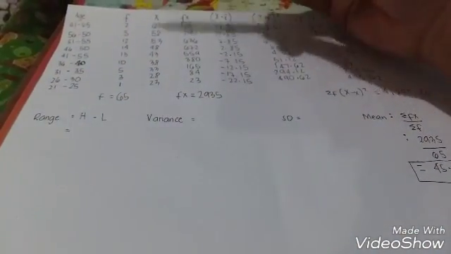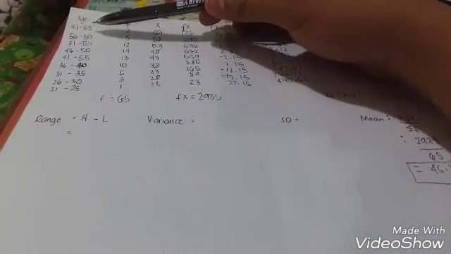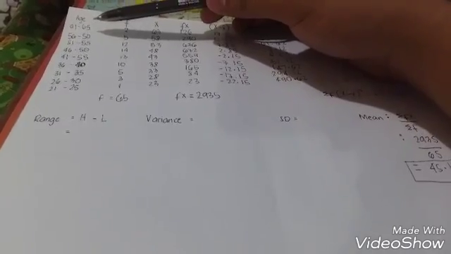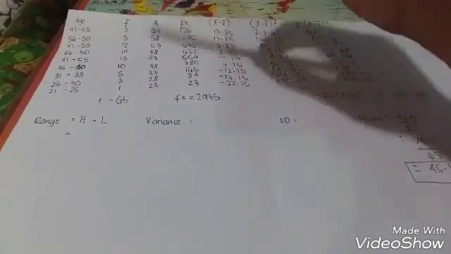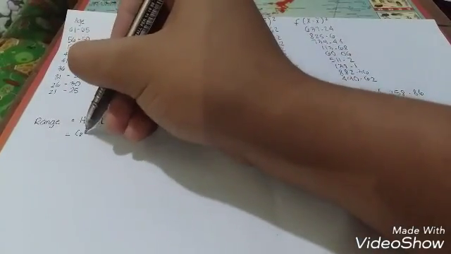And then you will add 0.5 to the highest number. So 65.5 is the highest number.